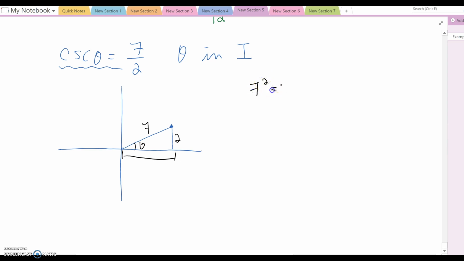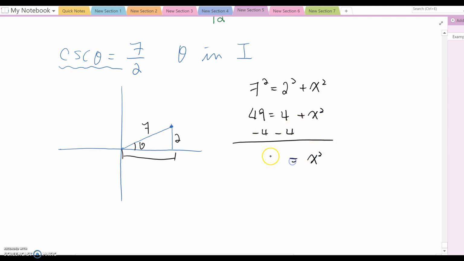So 7 squared equals 2 squared plus x squared, then 49 equals 4 plus x squared, minus 4, then x squared equals 45. So taking the square root, x equals 3 root 5. So this length becomes 3 root 5 here.